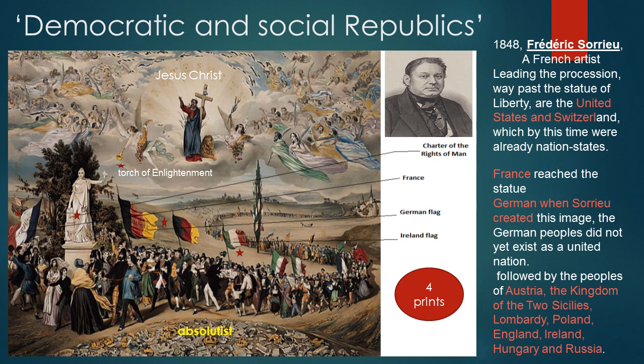In Sorrieu's utopian vision, the people of the world are grouped as distinct nations, identified through their flags and national costumes. From the heavens above, Christ, saints, and angels gaze upon the scene. They have been used by the artist to symbolize fraternity among the nations of the world.